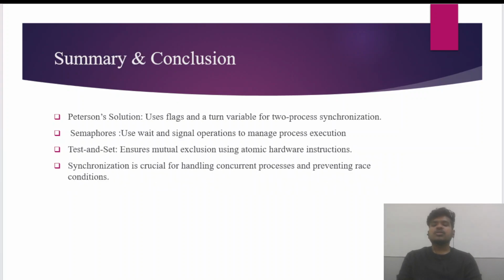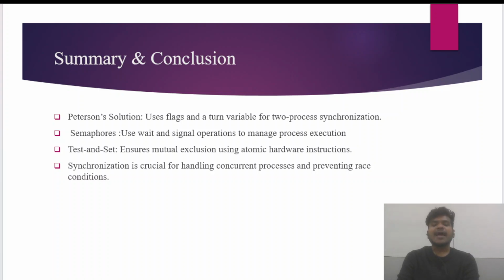Coming to the conclusion, let us quickly recap what we learned today. Firstly, the Peterson solution, which uses flags and a turn variable to ensure mutual exclusion between two processes. Then we learned about semaphores. Semaphores are counters that help manage access to resources, supporting operations like wait and signal to synchronize processes.